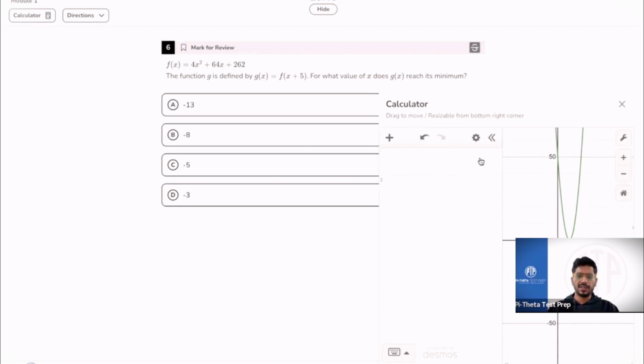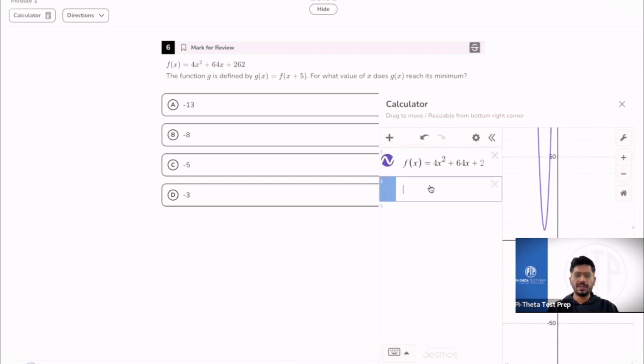But the original function is what? So what we have to do here is, we have to put the original function first on the Desmos. That is 4x square on the very first tab plus 64x plus 262, right? The moment we put the original function, they're telling you the function g is defined by g of x equal to f of x plus 5. For what value of x does g of x reach its minimum? And you can observe it's at a minimum only, right?